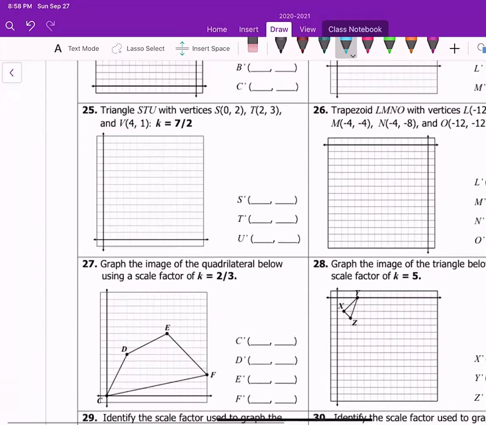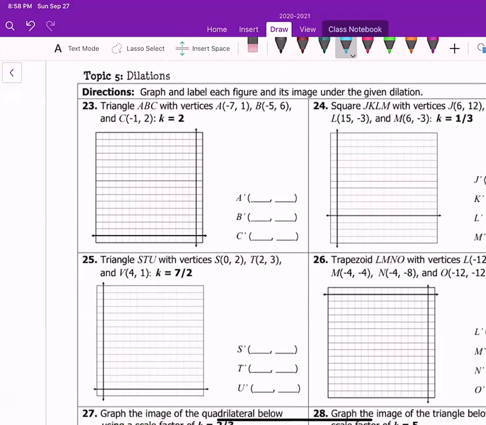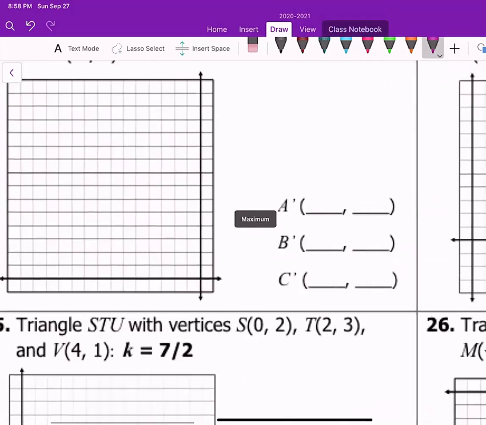All right, so let's do a couple examples, dilations. So K equals 2. K equals 2. Let's do purple. All right, so when K equals 2, that means you're going to have an expansion. So it's going to expand. So then my A prime, I'm multiplying everything times 2. So -7 times 2 is just, let me zoom in.